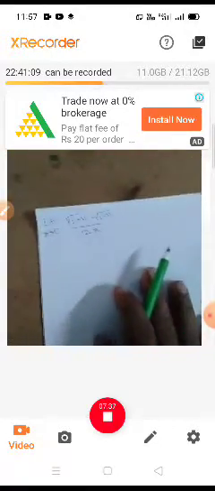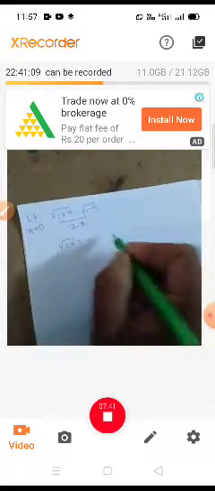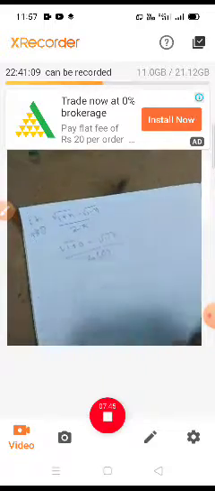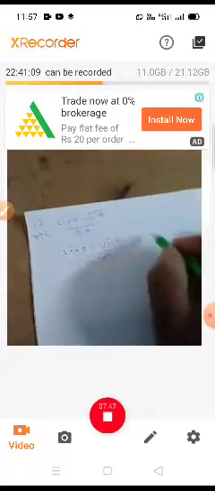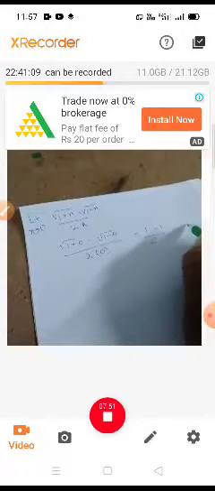First of all we have to substitute 0: root 1 plus 0 minus root 1 minus 0 by 2 of 0. Root 1 value is 1, so 1 minus 1 by 0, that is 0 by 0.